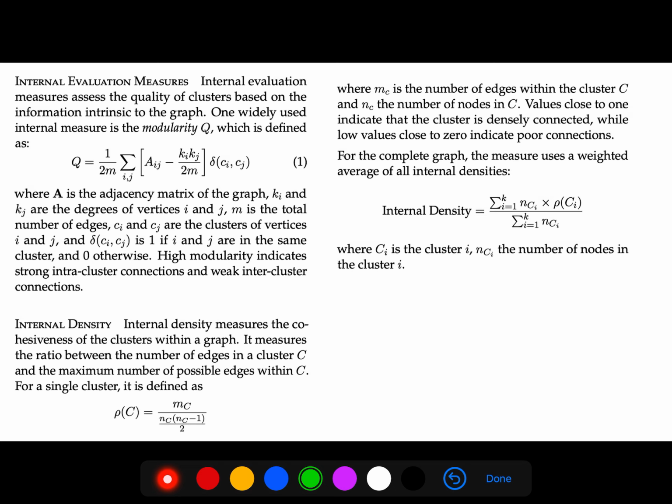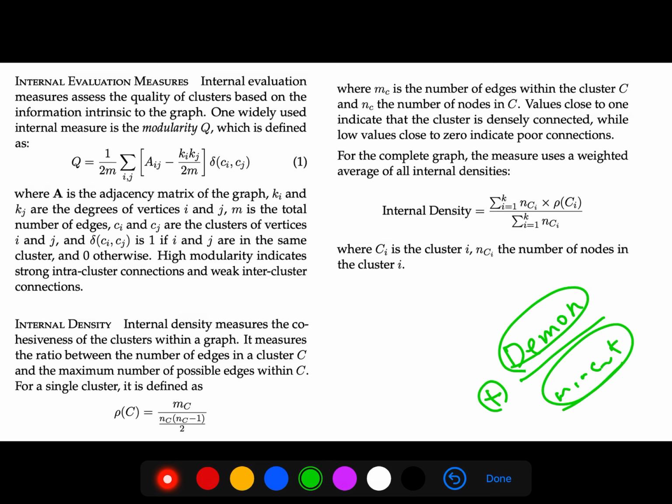And of course, you can always add these two objectives to have better training, because there is a paper called DMoN, I think, that outperforms min-cut algorithms for large graphs. So why not sum these two objectives?